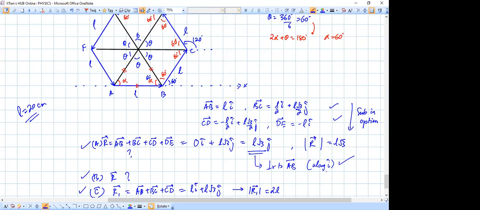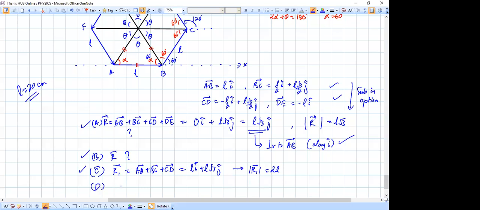And now you can check option D, which has also got a difference. The vector D is AB minus BC plus CD. So let's see how we'll do this. So AB minus BC: the X component will become L minus L by 2 plus CD's X component, which is minus L by 2. So this will become 0.